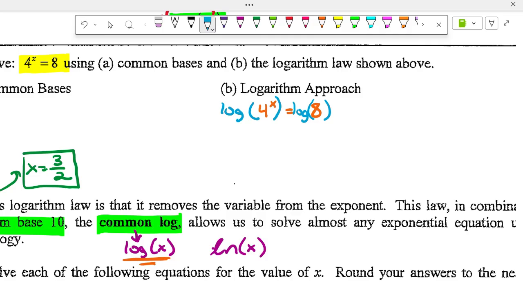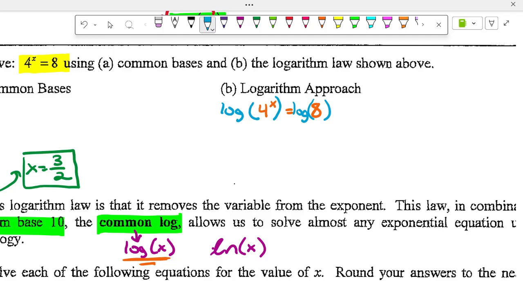Now, remember, this is just like any equation. Whatever you do to one side, you have to do the other. So the reason that we're taking a logarithm is because once we take a log of both sides, we want to get this x out of the exponent. All right.